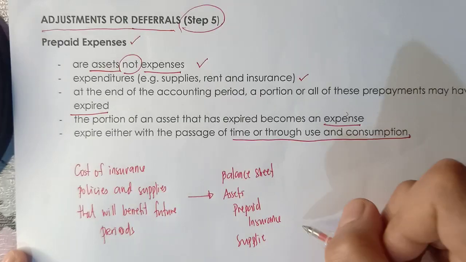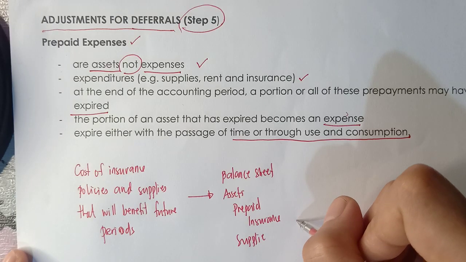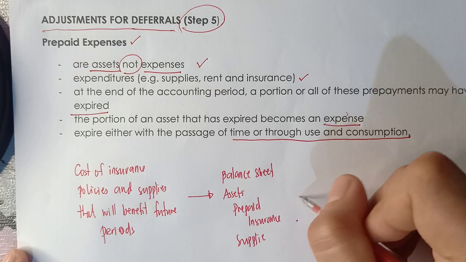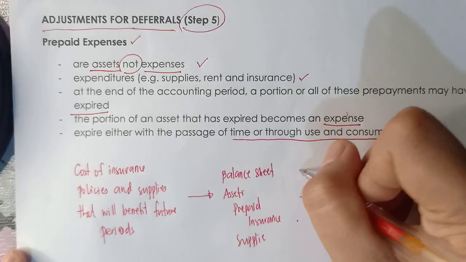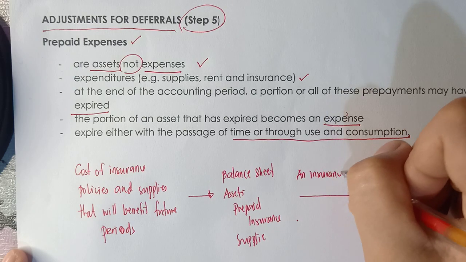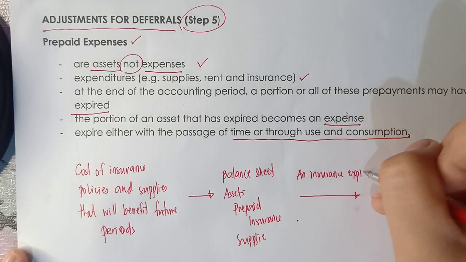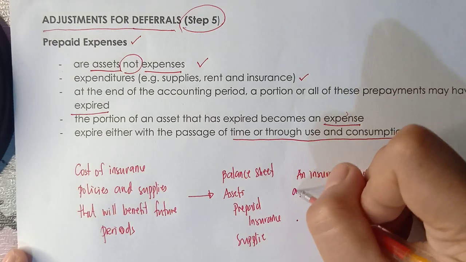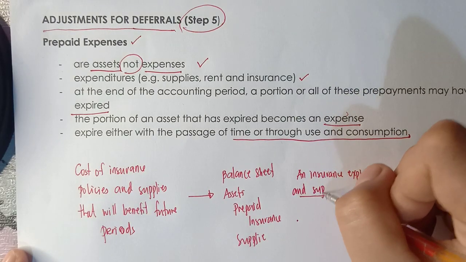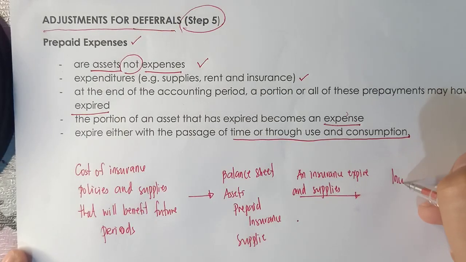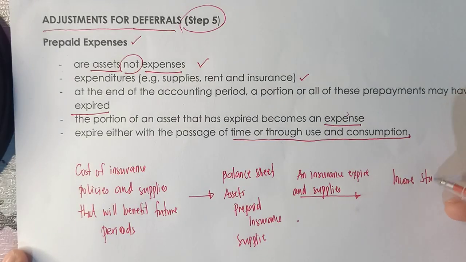Then, when the insurance expires and the supplies are used, it will go to the income statement.